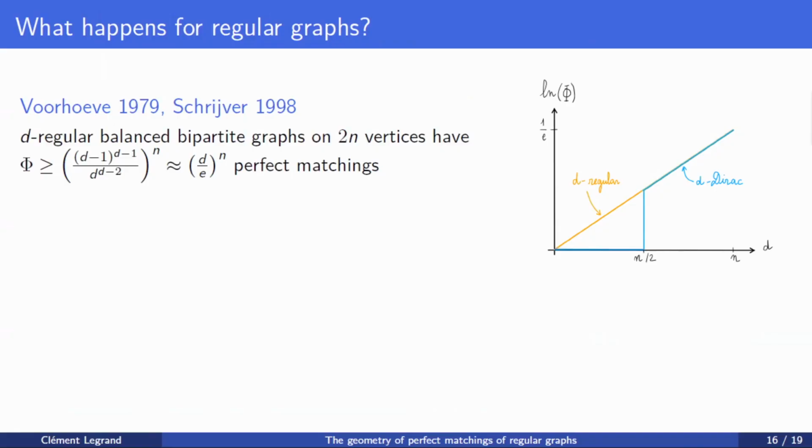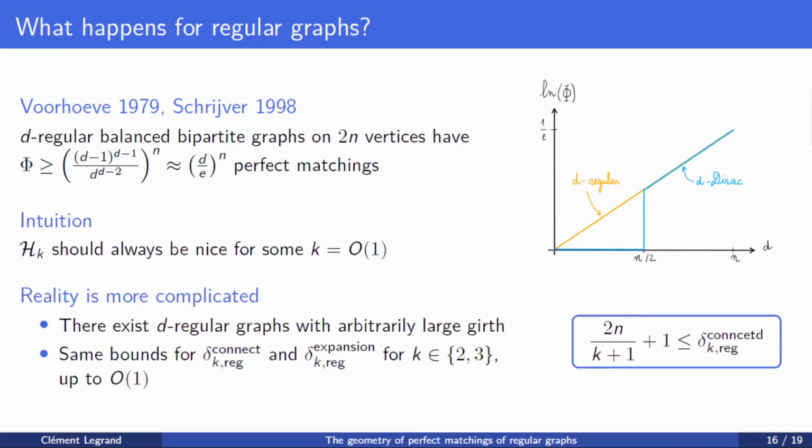If you add the regular condition, you always have a lot of perfect matchings. If you look at the number of perfect matchings in log scale, for d-Dirac graphs you may have 0, and then all of a sudden a large number of them. For d-regular graphs, it's always a lot of them. So if our intuition stands, then this H_k should have some nice property for some constant k for any d-regular graphs.